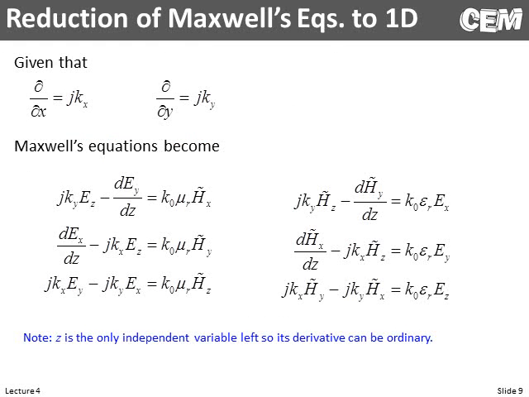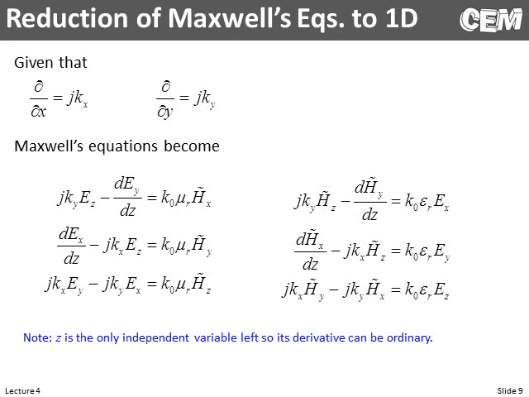Okay, so we showed in the last slide we can replace a derivative in x with jkx, and a derivative in y with jky. So now we go to Maxwell's equations and do that. And here are the 6 equations that we end up with. So the x and y parameters are now gone. The only independent variable left is z. So that's the only derivative we can take.